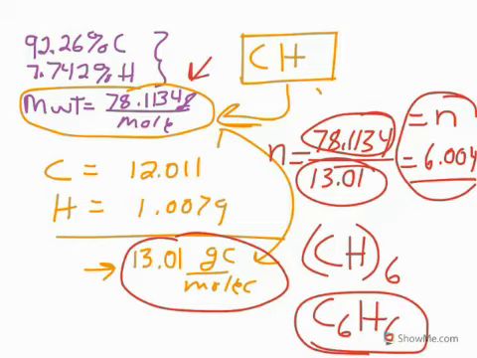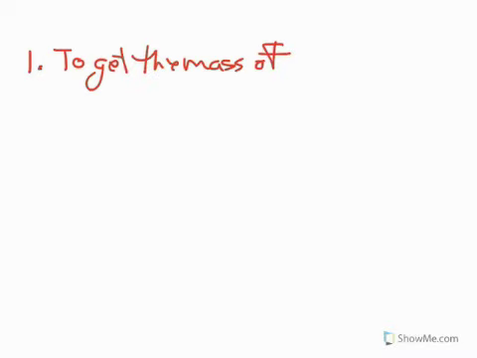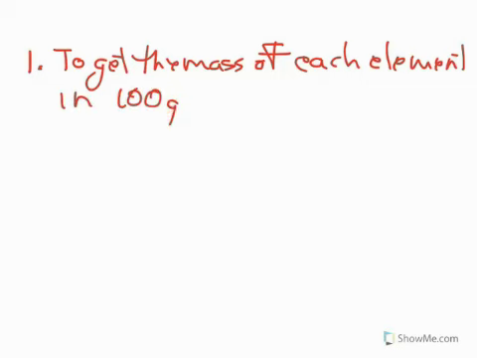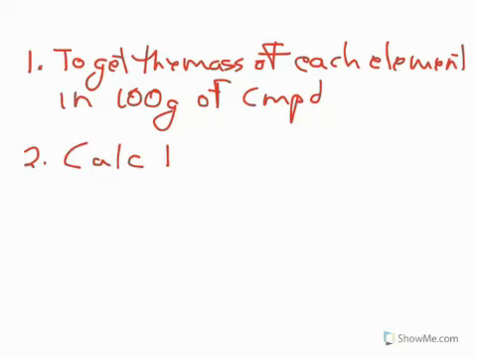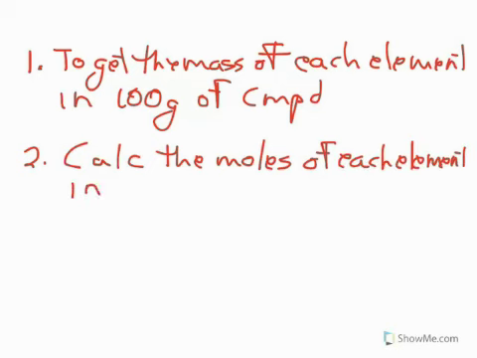Okay, so let me recap. This first step, 1, is to get the mass of each element in 100 grams of compound. And that's easy enough to do. You just take the percentages and convert them to mass. The second step is to calculate the moles of each element in 100 grams of compound.